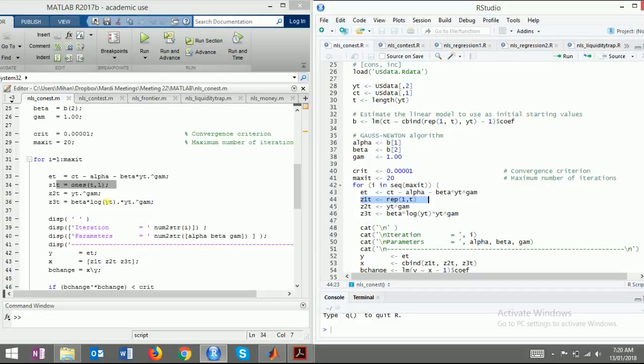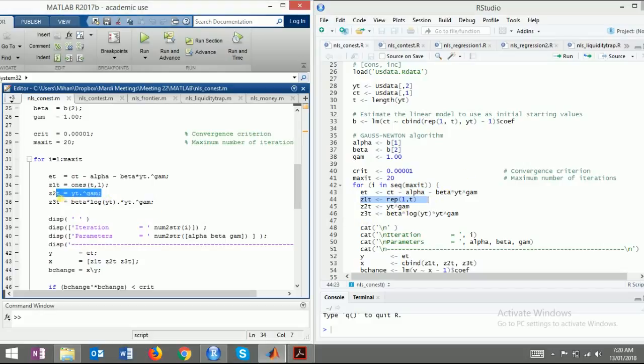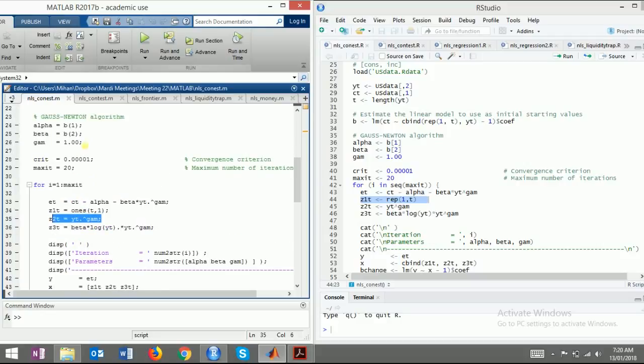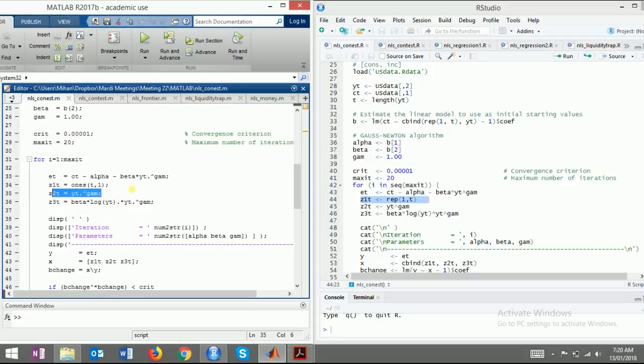Zt is equal to yt to the power beta 2, where I'm assuming there's gamma. Okay, so instead of writing beta 2, I'm representing that with gamma, because beta naught is b1, beta 2 is beta, and gamma is 1. So yt to the power gamma.